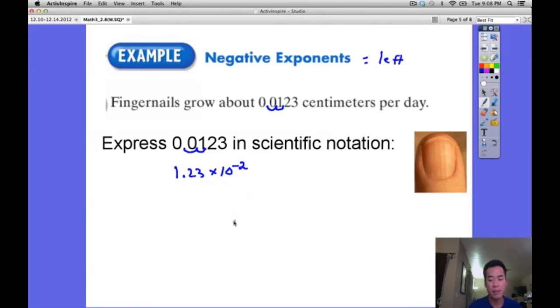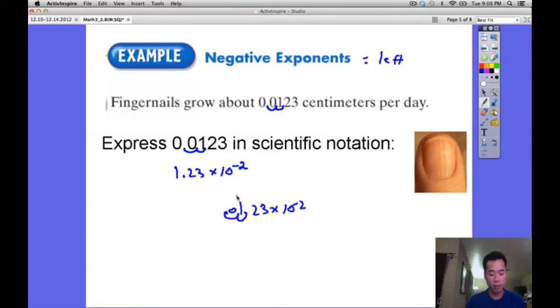What I meant by negative exponents is that when you check your work, times 10 to the negative 2, this is a negative exponent right here, so what I do is I move it to the left twice. 1, 2, put my decimal, and put a 0, and it should be the same. Again, you can quickly check your work.